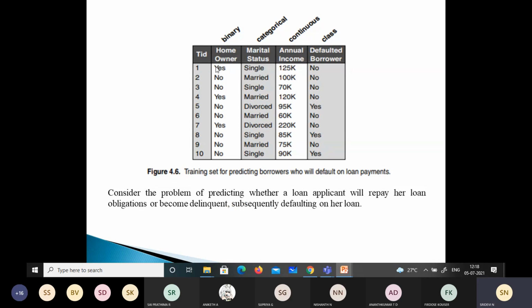If he is a homeowner and he has paid back the EMI, let's check how many records belong to that category. He is a homeowner and he has also paid back the EMIs properly. He has not cheated anyone. He has just repaid the loan. How many records fall into that category? Homeowner should be yes and defaulted should be no. Let's check how many we have.